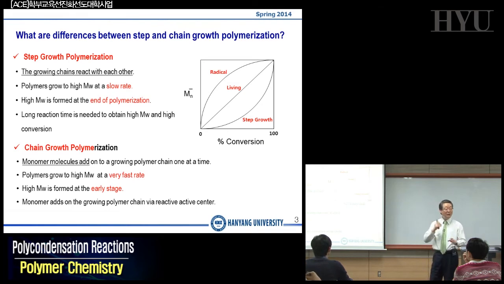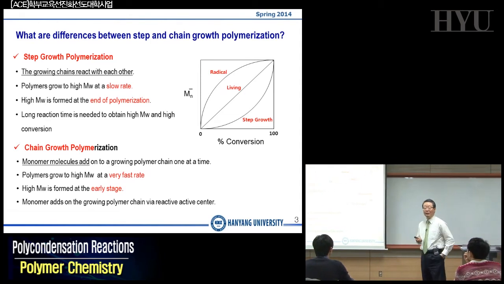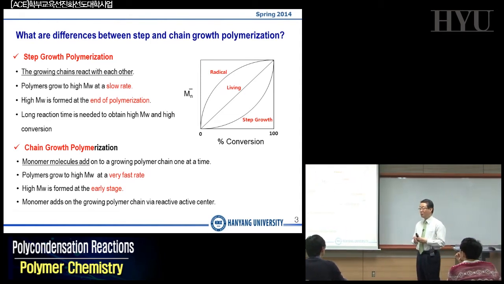We call this living polymerization reactions. I will tell you what these living polymerization reactions are. I told you that ionic polymerization reactions, particularly anionic polymerization reactions, are called the living polymerization reactions.